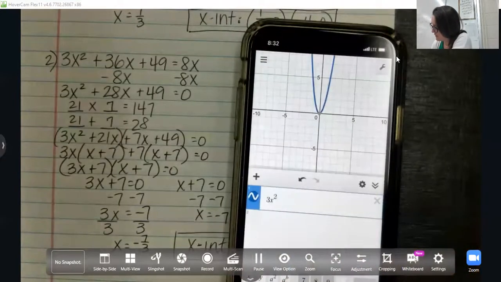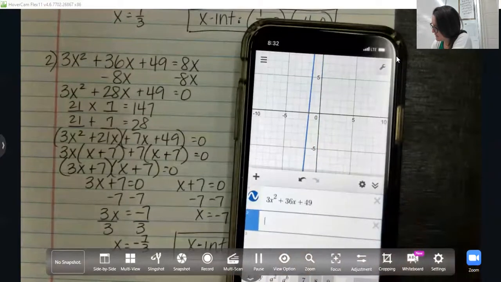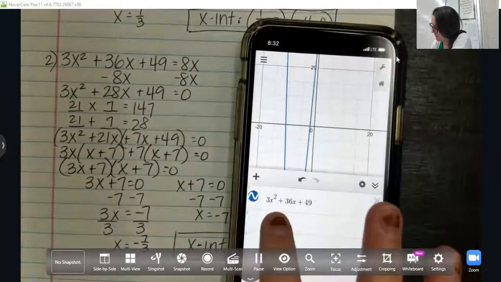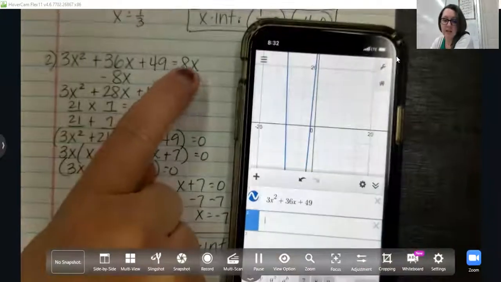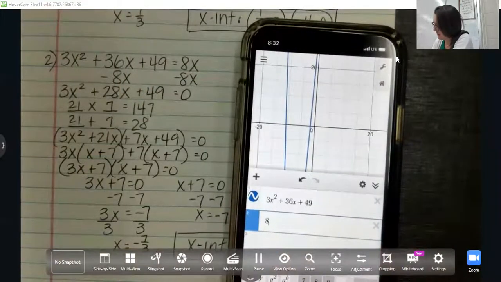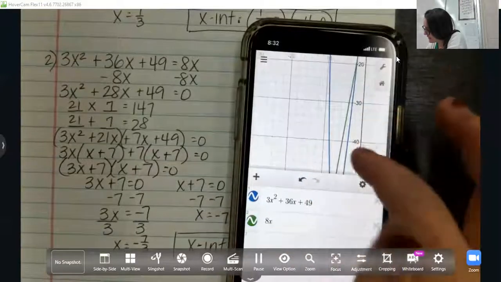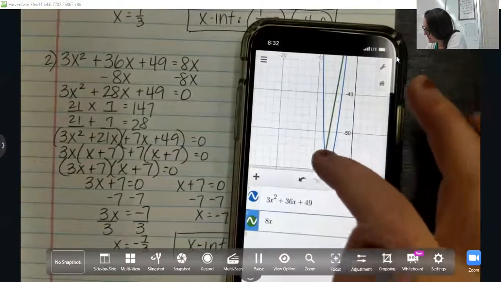Let's try it the other way, just so you can see what that looks like. 3x squared plus 36x plus 49. So that's one of my equations. And on the other side, I have an 8x. So that's another equation. Now, the goal for this is to see where these cross.